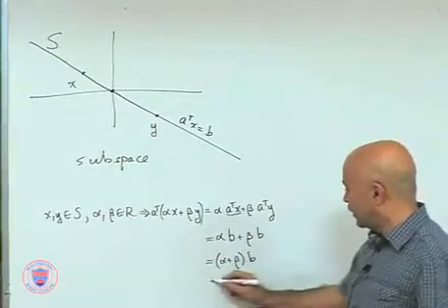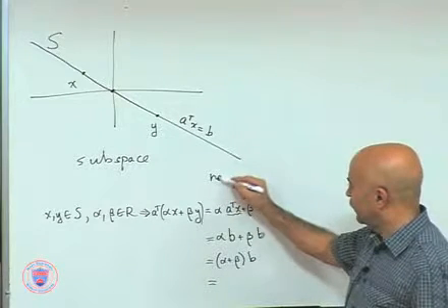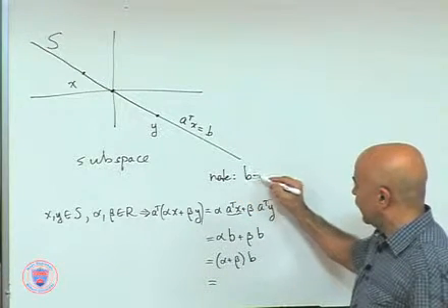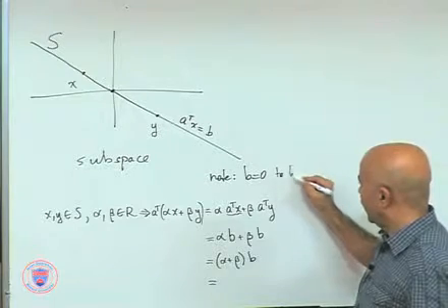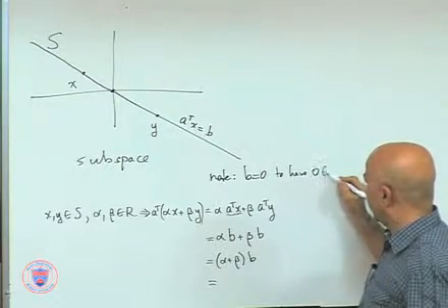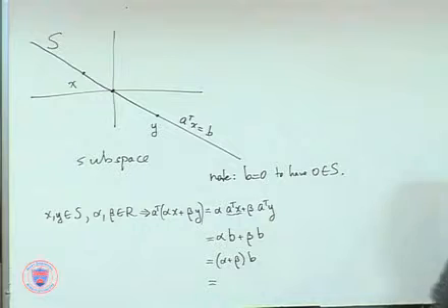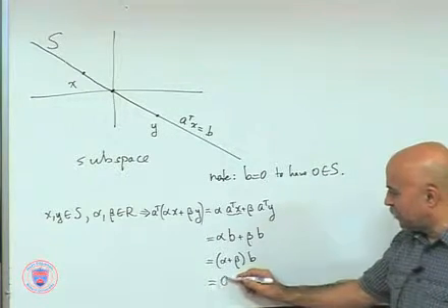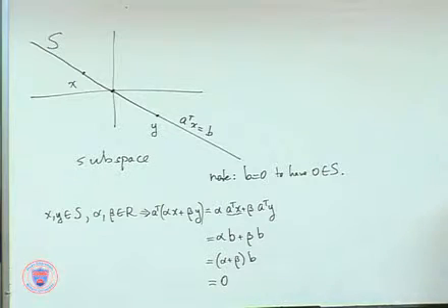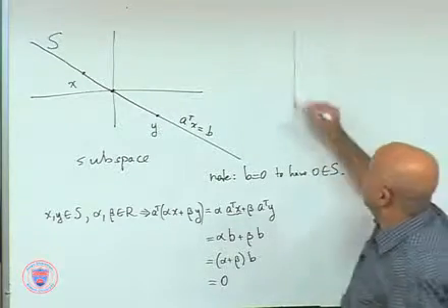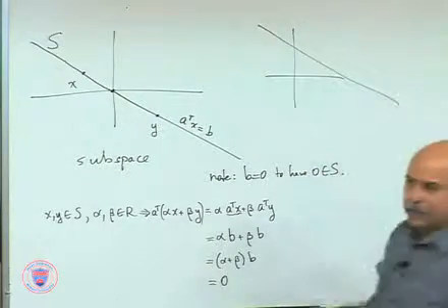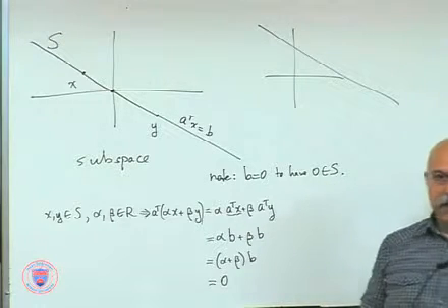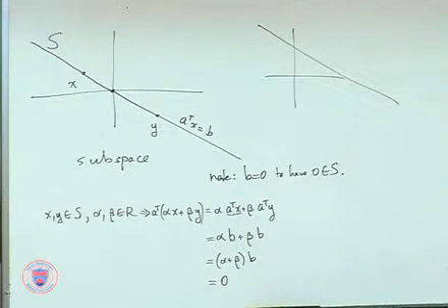So, since B is 0, B must be equal to 0 to have 0 in S. For that reason, this will output 0. So it will work. But if B were different from 0, of course, it would not be a subspace in that case. So if it were like that, it wouldn't be a subspace. Okay? Good.